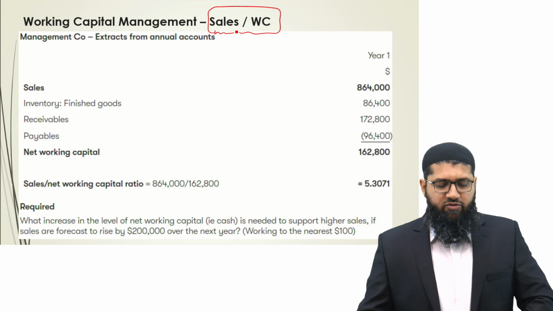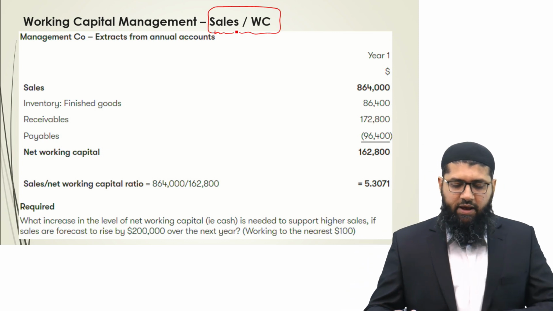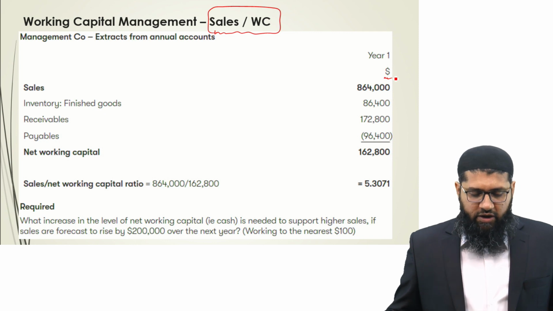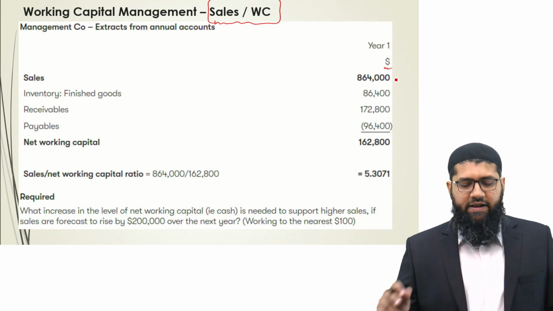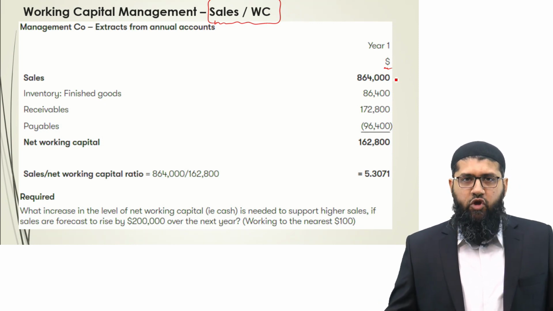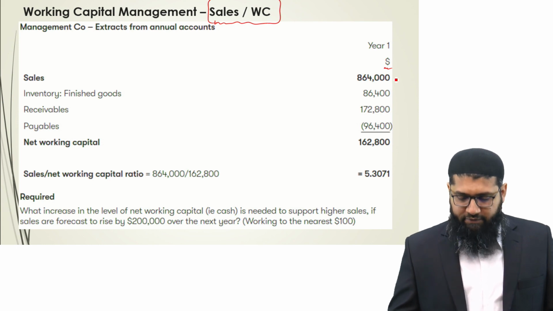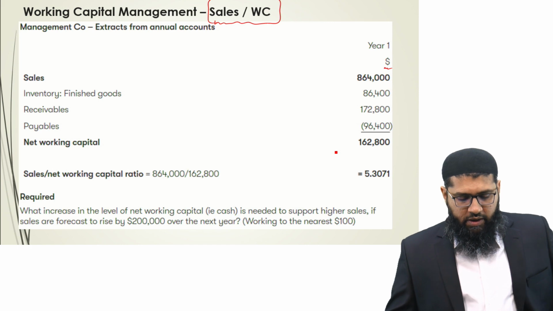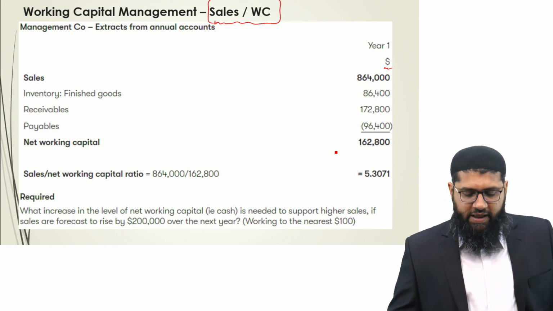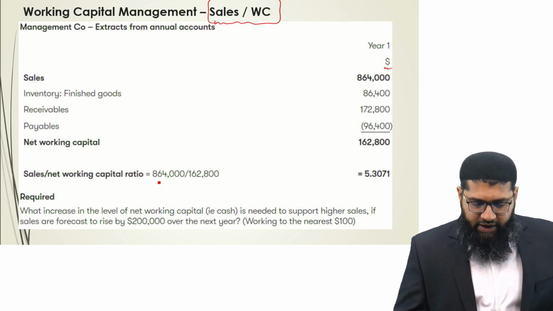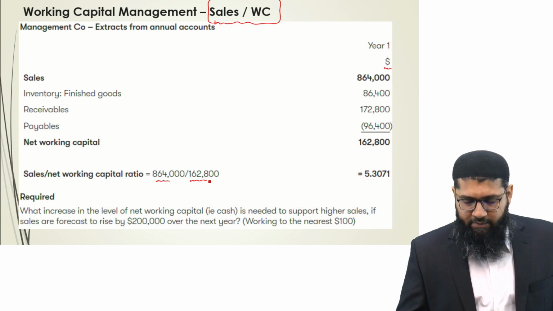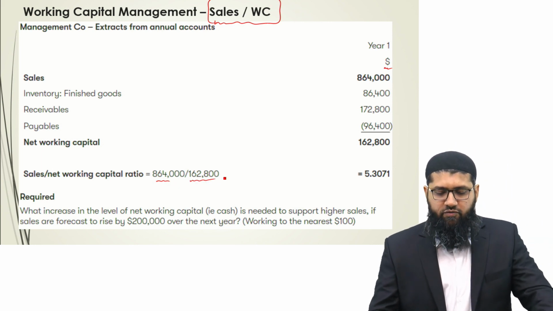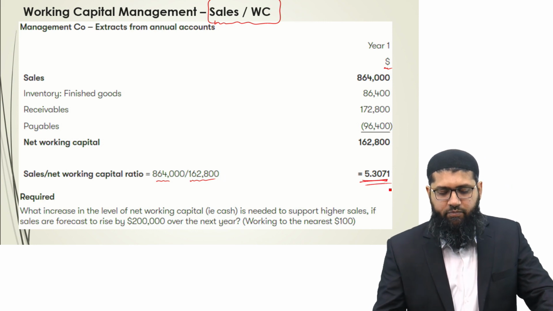It says a management company extracts from the annual accounts, Year 1, the currency is in dollars, the sales, the inventory, finished goods, receivables, payables, and the net working capital are given. Now what next is there? It says the sales over net working capital ratio is 864,000 divided by 162,800. So the sales to working capital ratio is 5.3071.